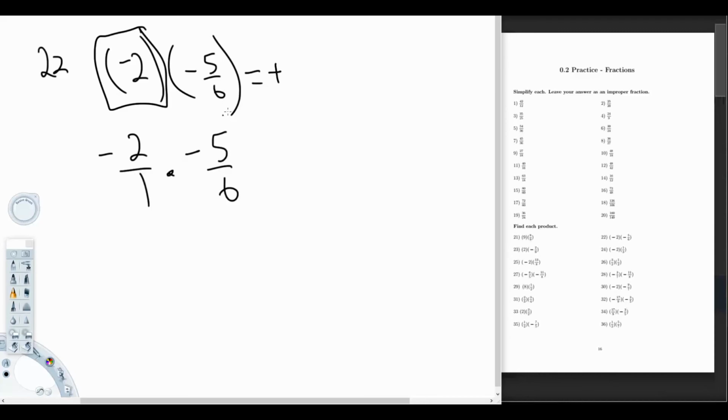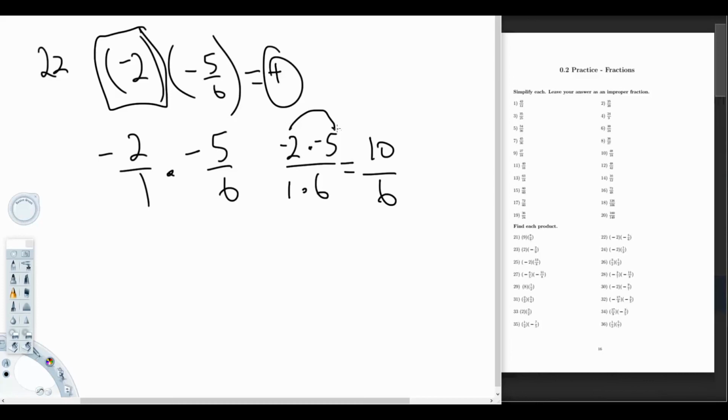Now what they're really saying here is negative 2 times negative 5 over 1 times 6. All right? Now we could do it the easy way. Since this is a positive, 10 over 6, right? Negative 2 multiplied by negative 5 equals 10. 1 times 6 equals 6, right?